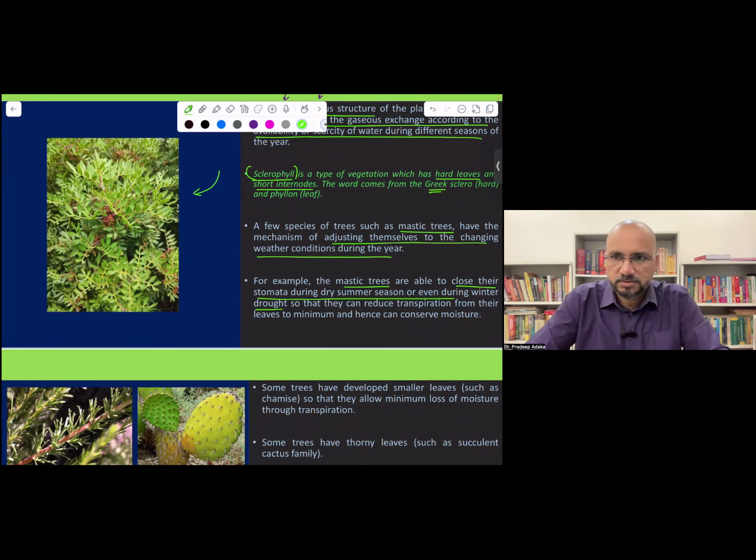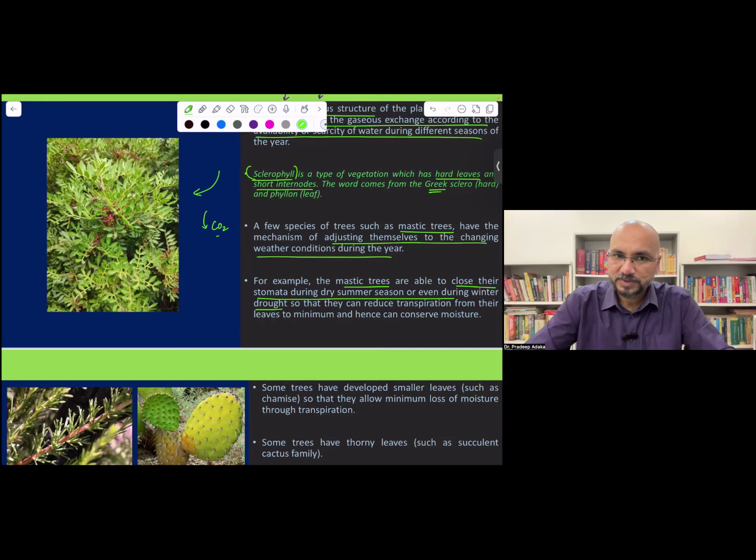Now you might have a question. When they close their stomata, CO2 exchange is happening through stomata. Stomata opens, gas exchange happens. CO2 will enter into the plant through stomata and CO2 will be used in photosynthesis. So if it closes the stomata, what about CO2?